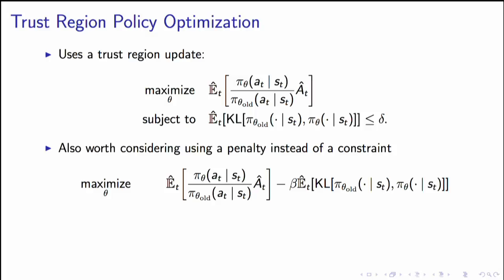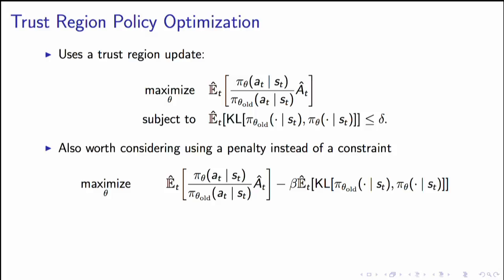One main reason for that is that delta is a dimensionless quantity, the KL divergence between two distributions. It's measured in bits, and it doesn't depend on the scale of the rewards in particular. Whereas in the second version with the penalty, the beta has to depend on the scale of the rewards, and it has to have units of rewards per bit.